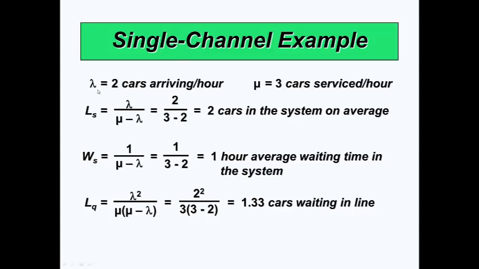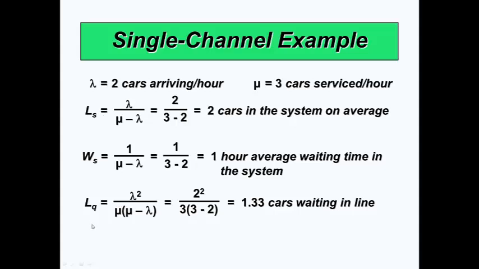Basically, make sure that lambda and mu are in Poisson distribution, the rate at which they are arriving, the rate at which they are being serviced. So if I tell you the service time on average is 20 minutes, you should be converting that into mu is equal to 3 cars serviced per hour.